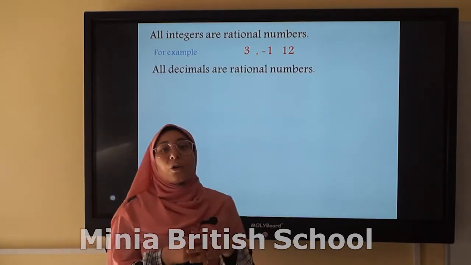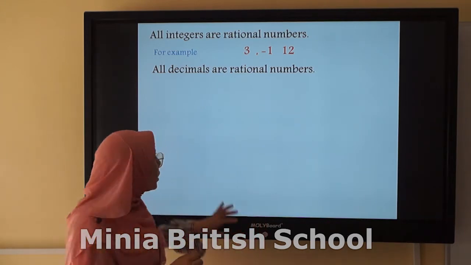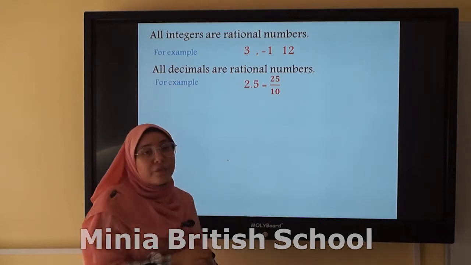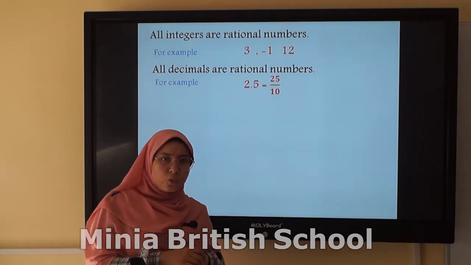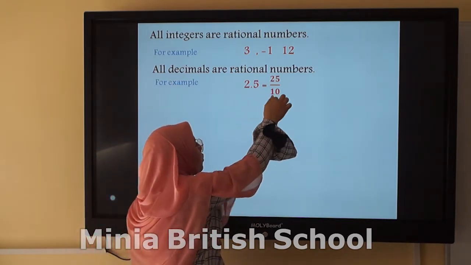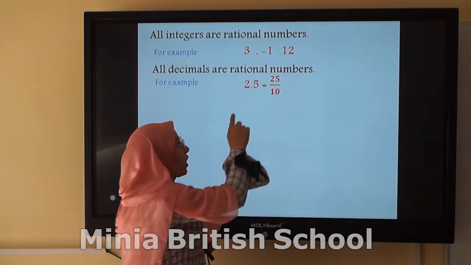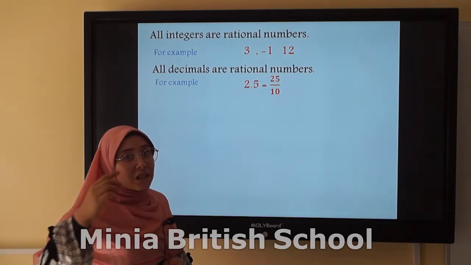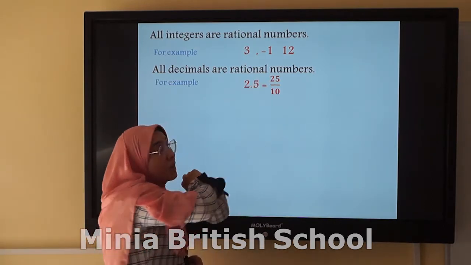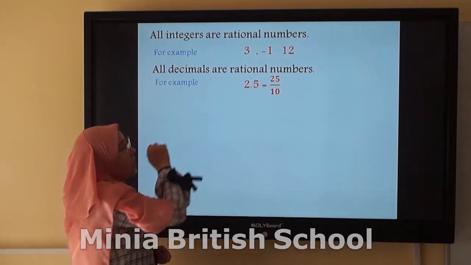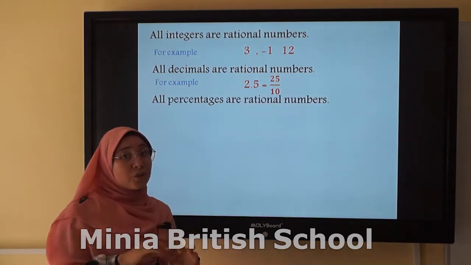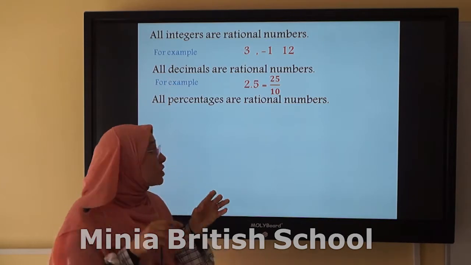All decimals are rational numbers. For example, 2.5 equals 25 over 10, so I can write it in the form A over B. And all percentages are rational numbers.